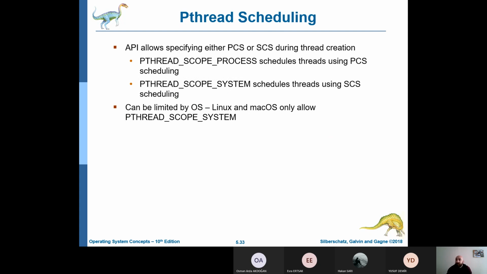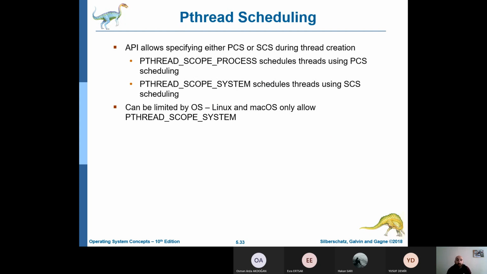Okay, we already provided a sample POSIX pthread program last week with an introduction to thread creation with pthreads. We know how we can create pthreads using the POSIX library. And we said that we can use pthread APIs to set the scope of scheduling.